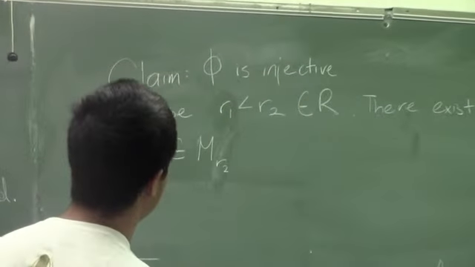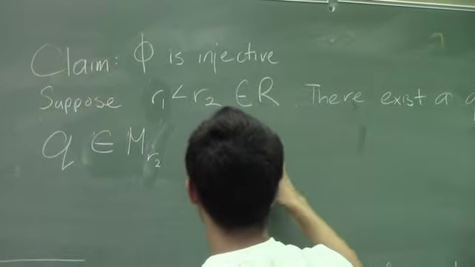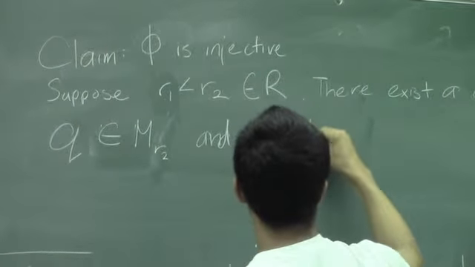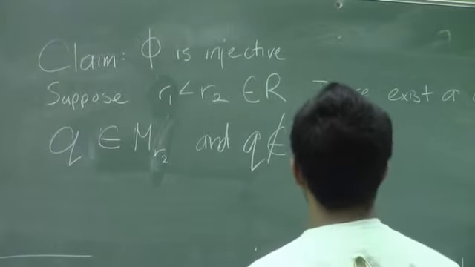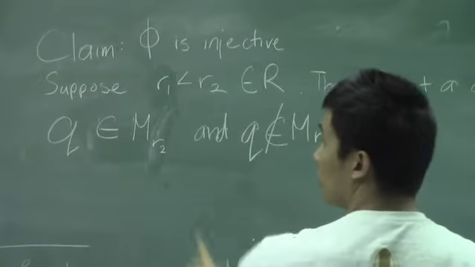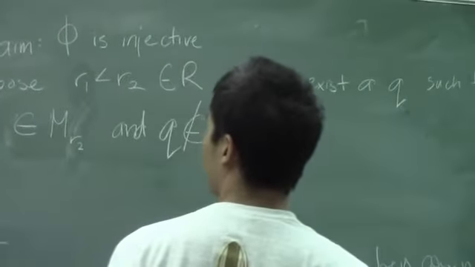And q does not belong to M r1. Yes, because we went with those rational numbers up to a point, because it's the definition. Q is going to be stuck with r2, right?